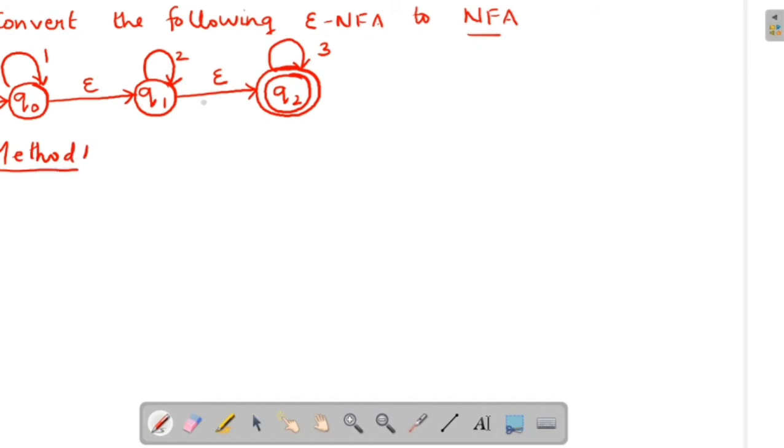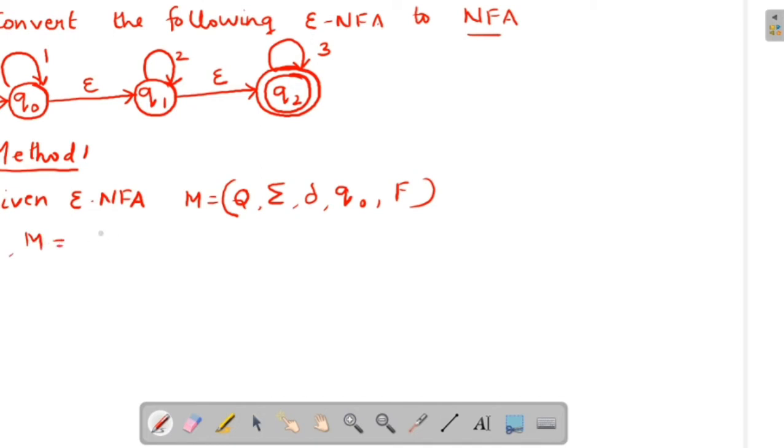Here we have given the epsilon NFA. First we write the given epsilon NFA. The given epsilon NFA is M equal to (Q, sigma, delta, Q0, F). In the given epsilon NFA, we have three states, so Q is equal to {Q0, Q1, Q2}.